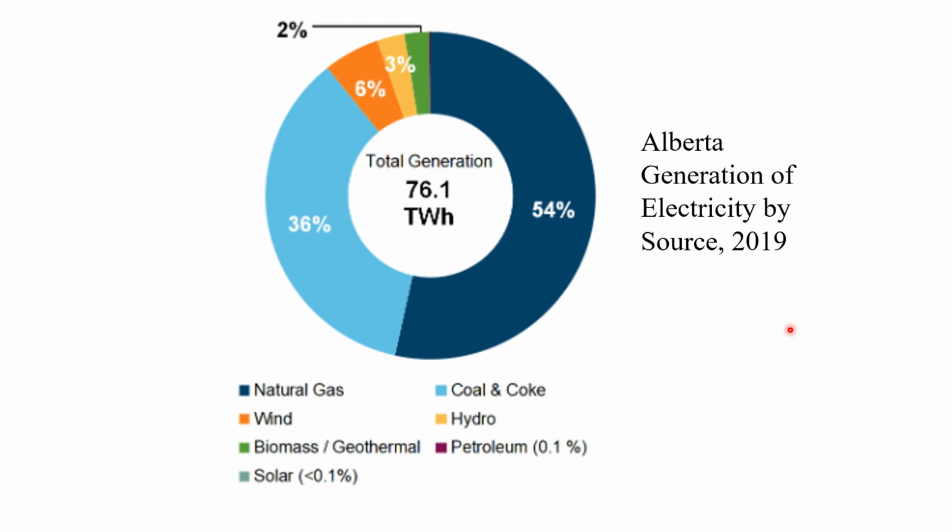Now, just to give you an idea of what systems look like, there's quite a bit of difference between them. If we look at Alberta, the generation of electricity by source, 54% comes from natural gas, 36% from coal. Wind accounts for 6%, hydro for 3%, and biomass, thermal, and solar account for very small amounts, 2%, and petroleum for 0.1%.